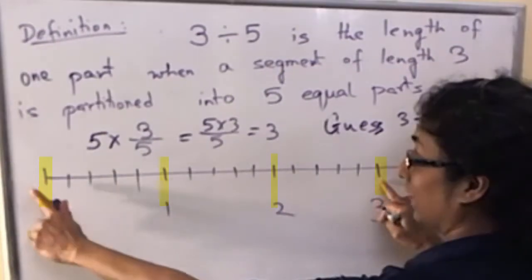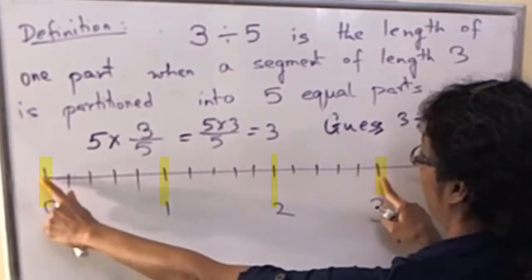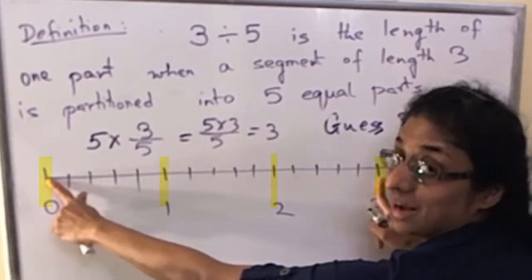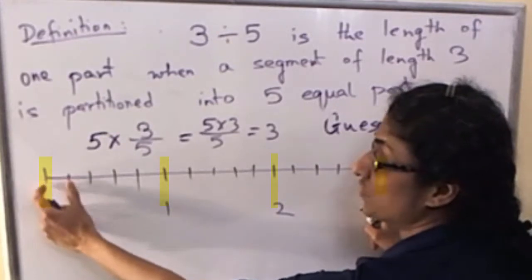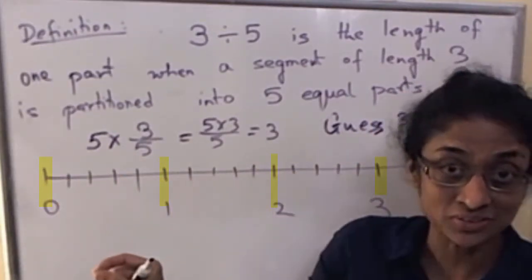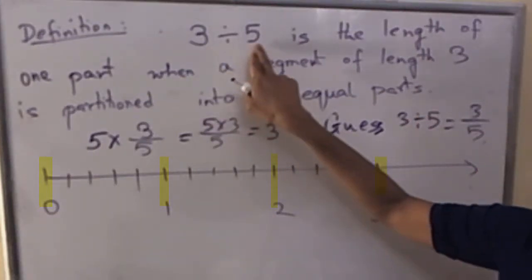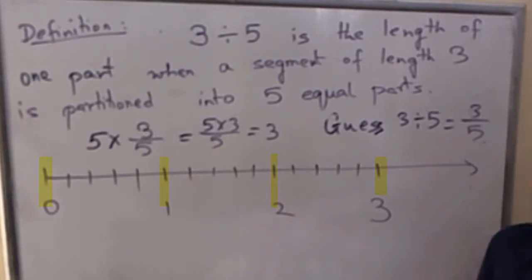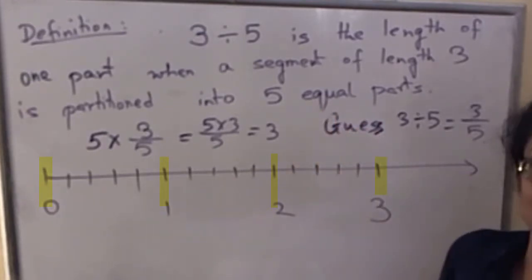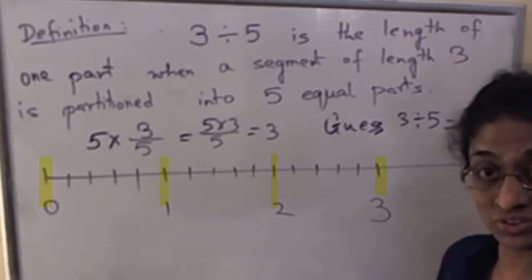So I need to divide this long piece into 5 equal pieces. If I view this long piece as a concatenation of 15 short pieces, now, if I divide up those 15 into 5 equal parts, then I would be done. And what does that give me? 15 divided by 5 is 3.